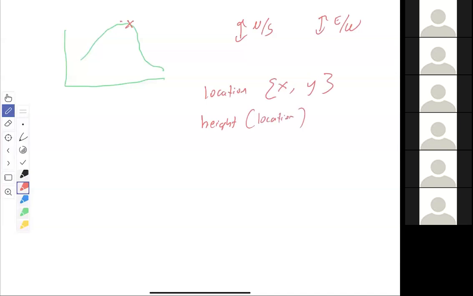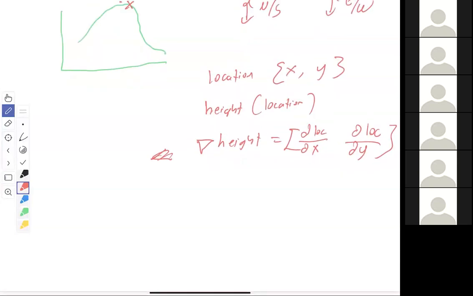And we can talk about the del of our height. If we look at del of our height, which is our gradient, that's going to basically tell us the partial derivative of the height with respect to X and the partial derivative with respect to Y.